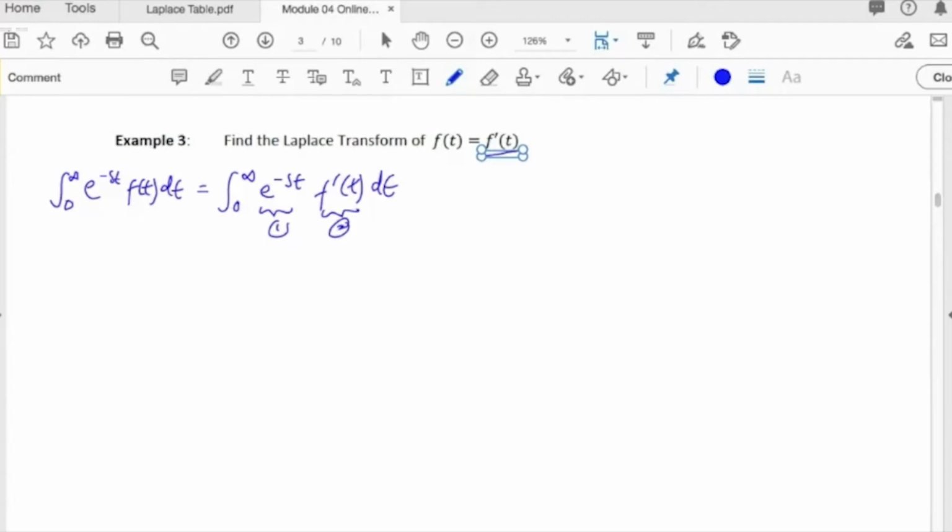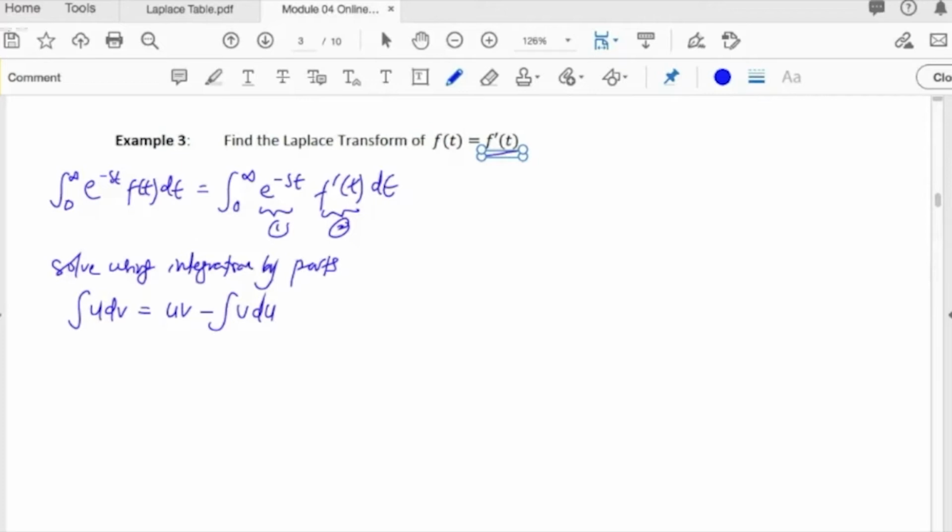So to solve this, we solve using integration by parts. The equation is given as integration u dv equal to uv minus integration v du.